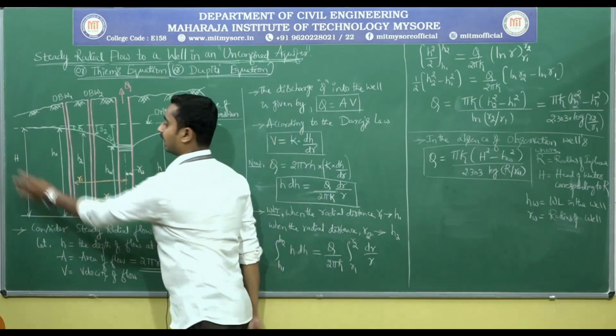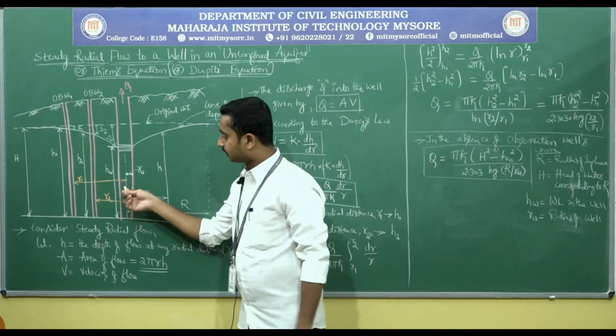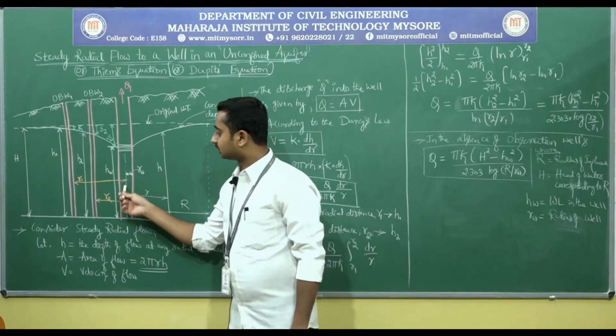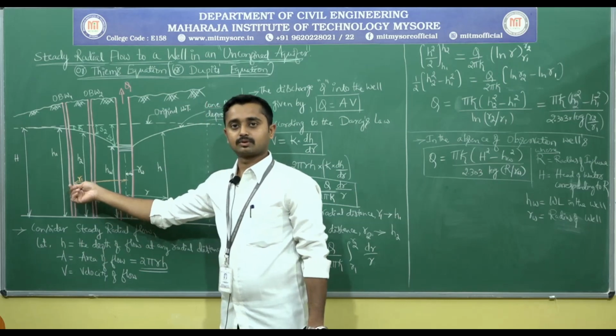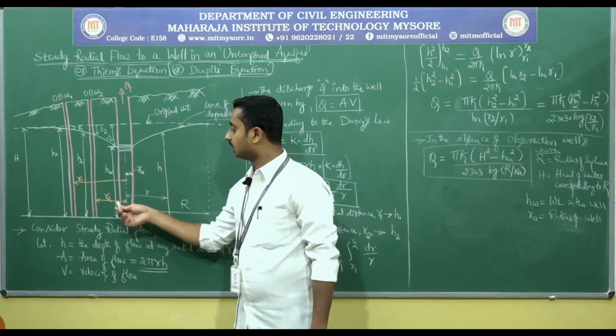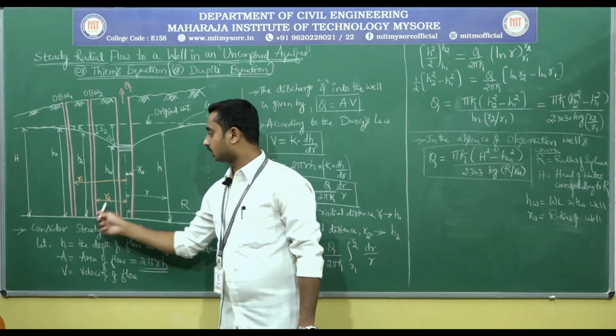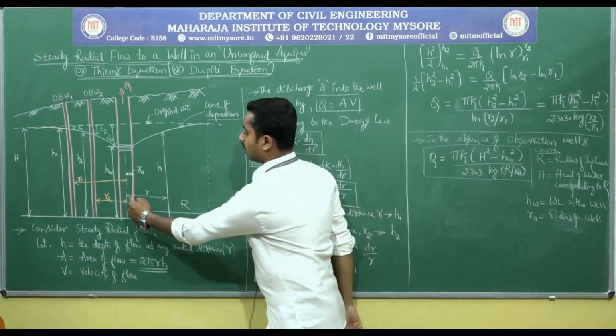This is the whole head of water, H. From the center of the pumping well, radial distance R1 to observation well 1, and similarly radius R2 to observation well 2.